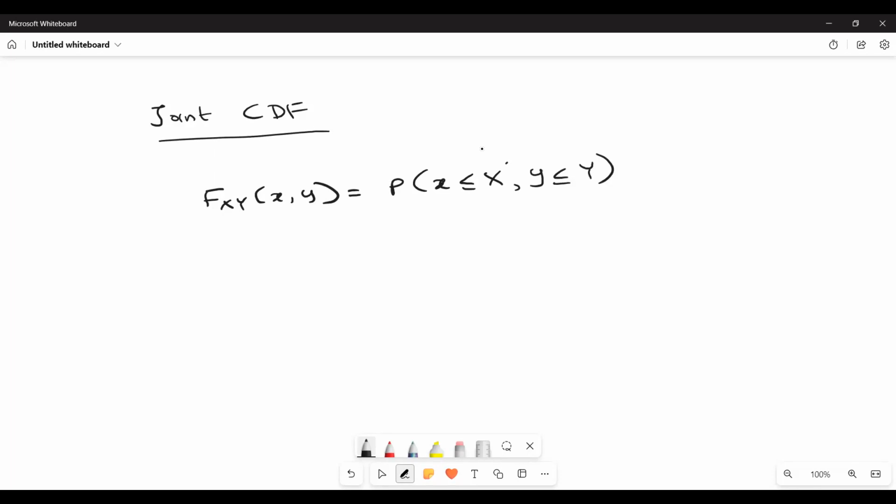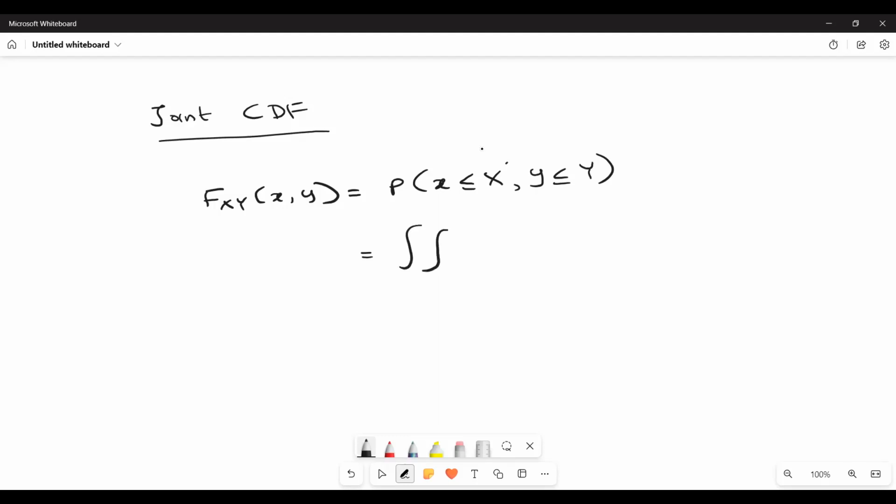We can find this value by taking the integration of the PDF function, as I said before, over the range that we are considering.